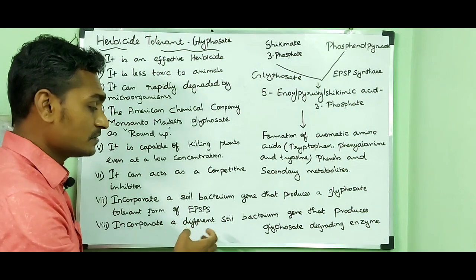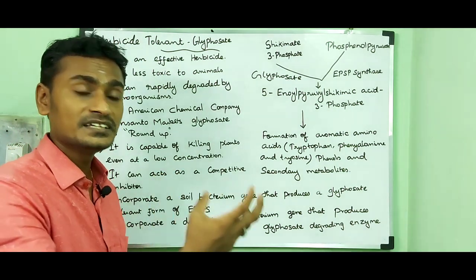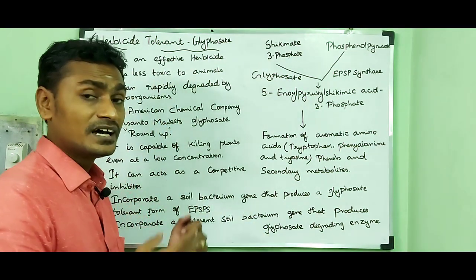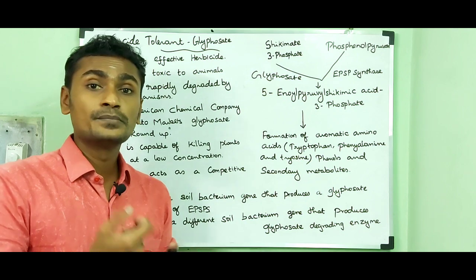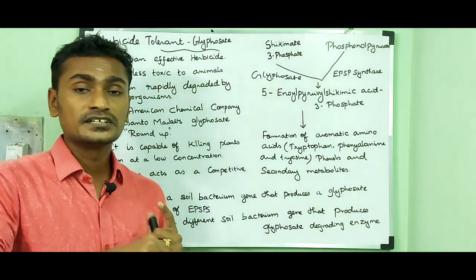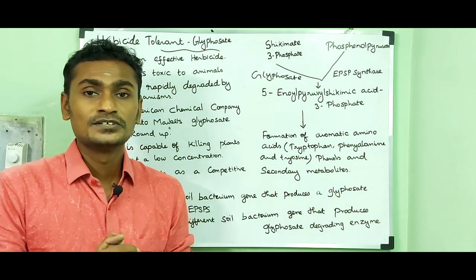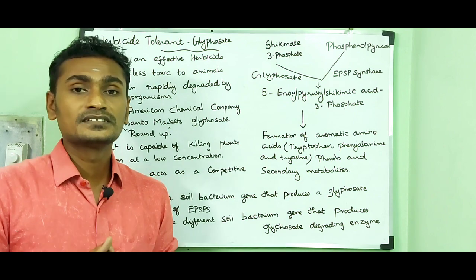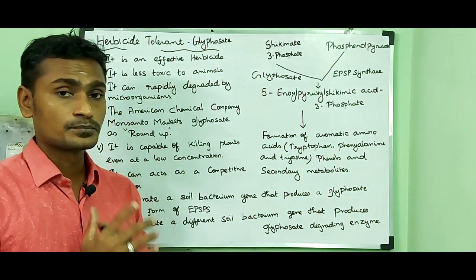So that soil bacterium gene can produce a protein or an enzyme which can degrade glyphosate. Then the other method is producing a physical or physiological barrier to prevent the entry of the herbicide glyphosate into the crop. So these are some of the methods to create herbicide tolerant plants, especially for glyphosate.